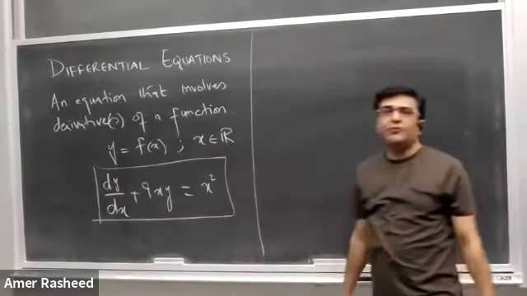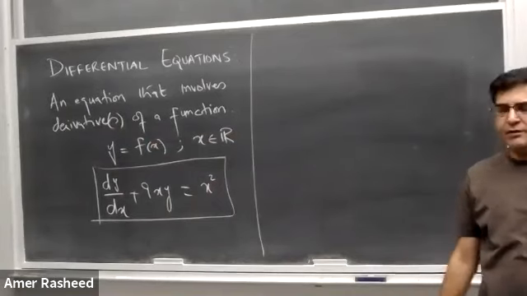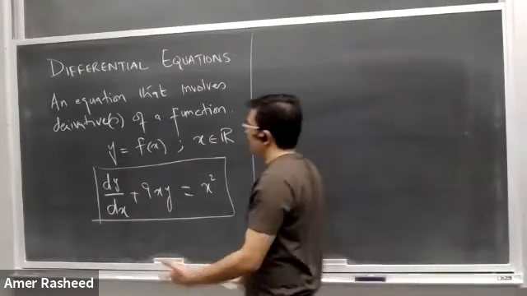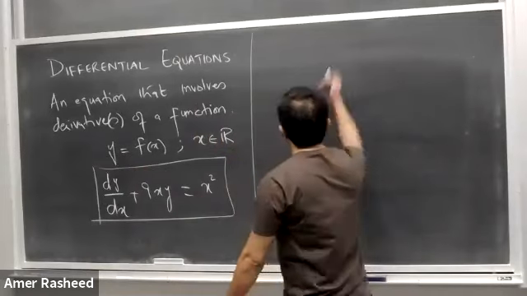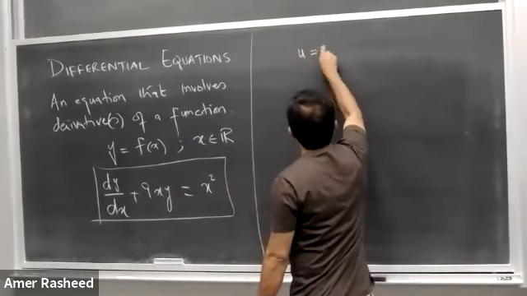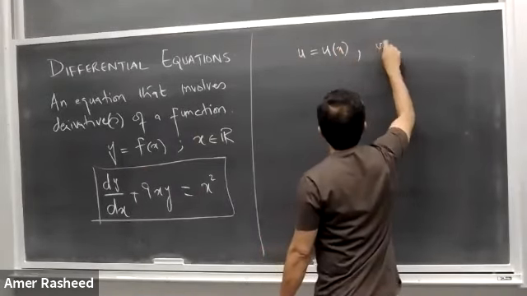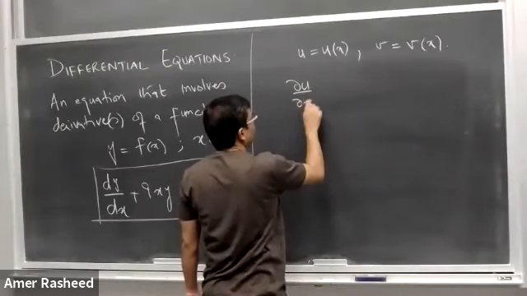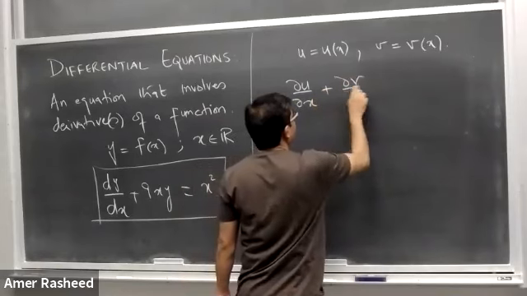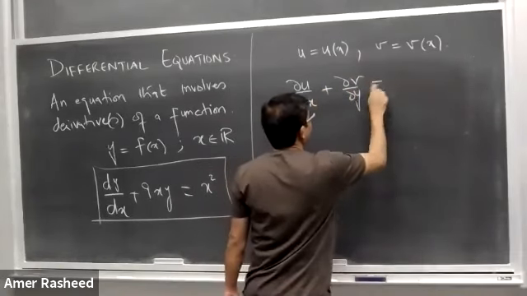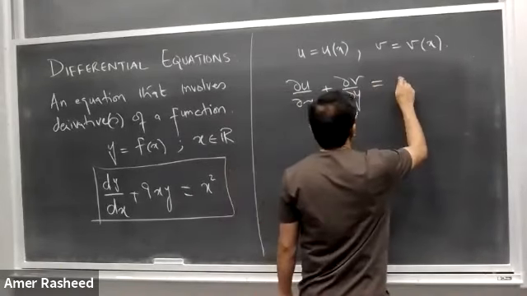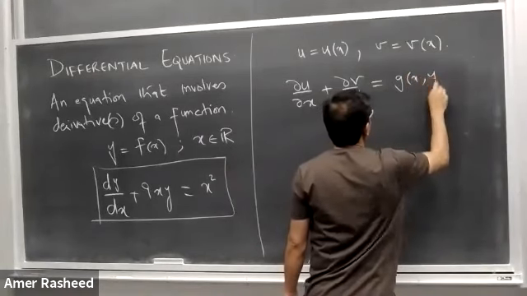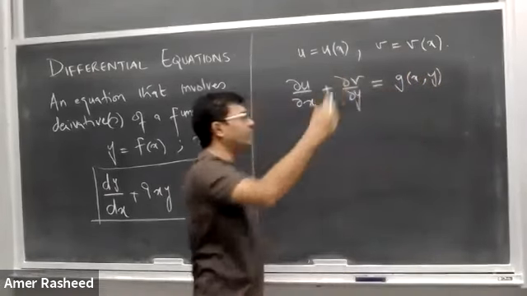A differential equation can involve more than one dependent variable. If we have two functions, for example u equals u of x and v equals v of x, then we can write a differential equation: partial u by partial x plus partial v by partial y equals some function, maybe g of xy, or sine xy, or anything.